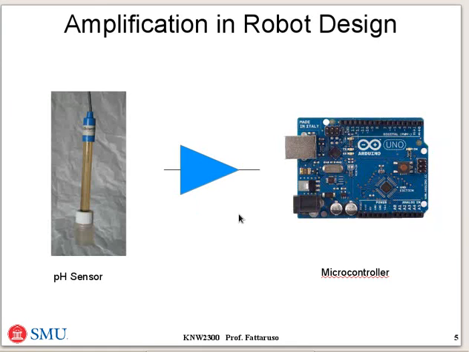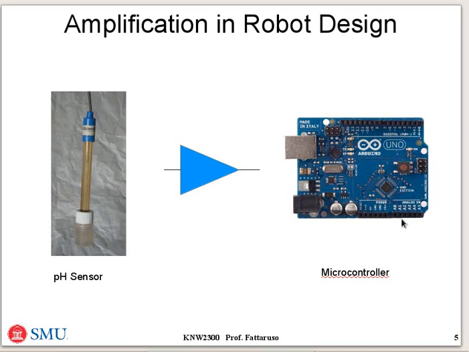So now on to the amplifier that we'll be needing in our robot design for this lab. You'll be making use of a pH sensor on your water sampling head, and the readings from that pH sensor will need to be routed into one of the analog input pins of the microcontroller board, so that you can read out the pH readings back to your controlling computer.